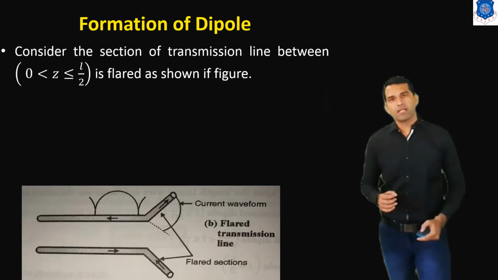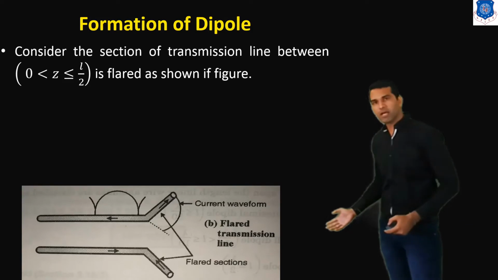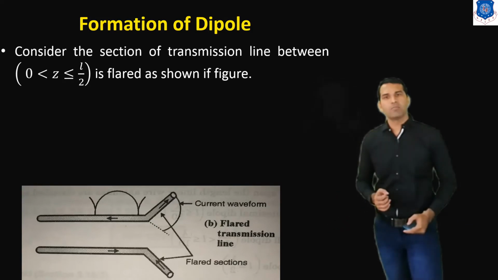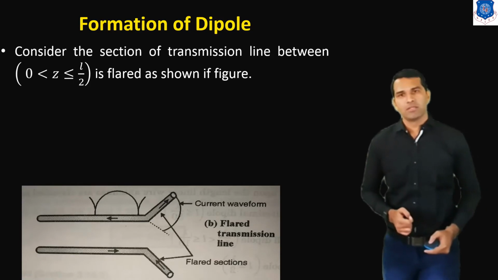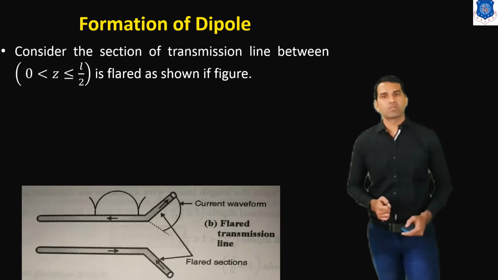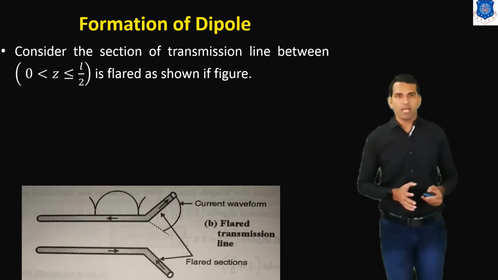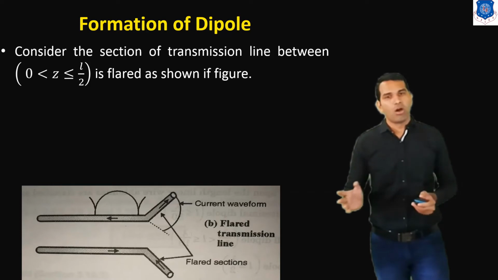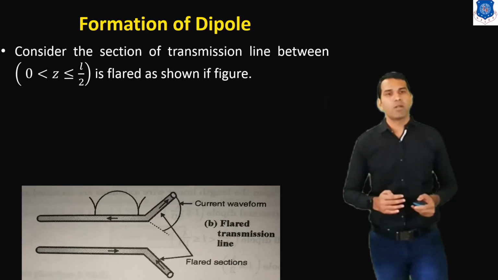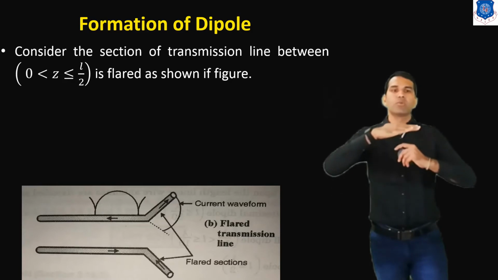Now we consider the section of the transmission line in this figure, where 0 is less than or equal to Z, which is less than or equal to L by 2, flared as shown in the figure. In the last figure we considered two simple transmission lines parallel to each other.